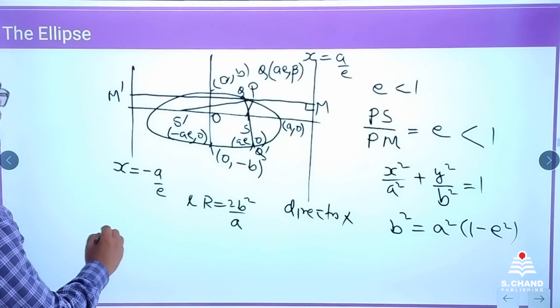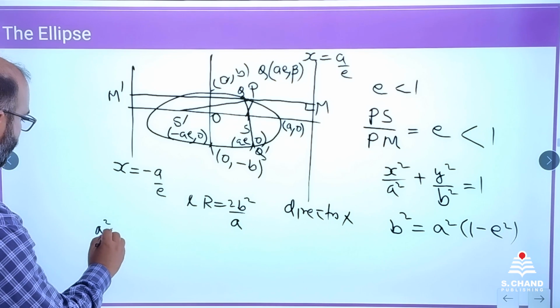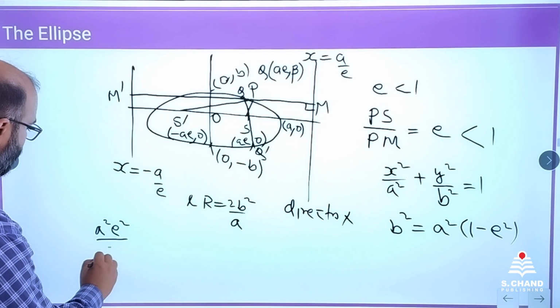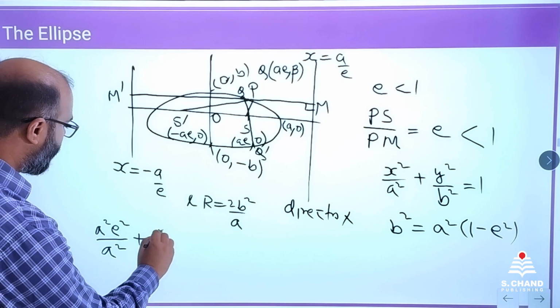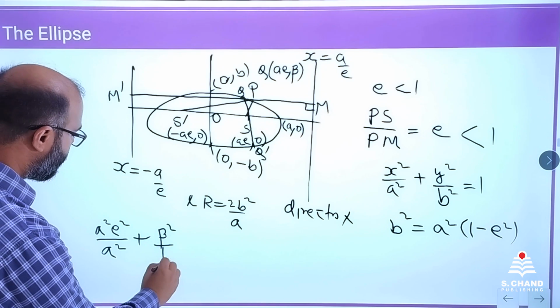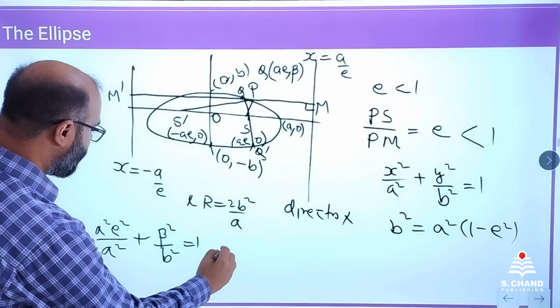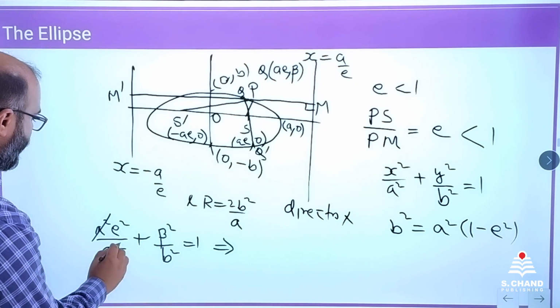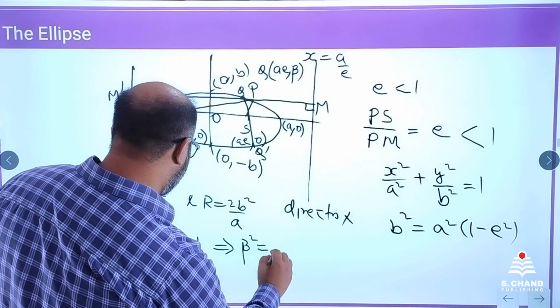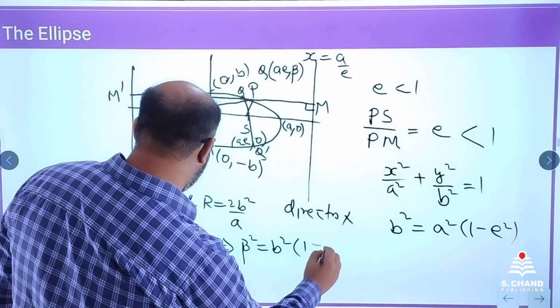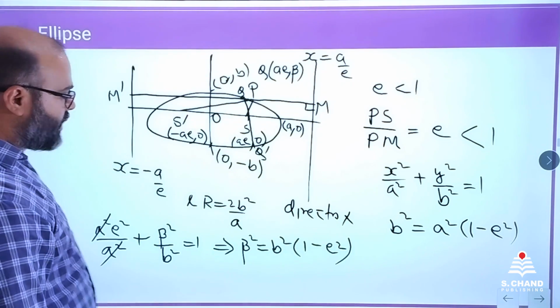So x square by a square will be a square e square by a square, and y square by b square will become beta square by b square, equal to 1. Now when we cancel a square here, it will become beta square is equal to b square into 1 minus e square, right?